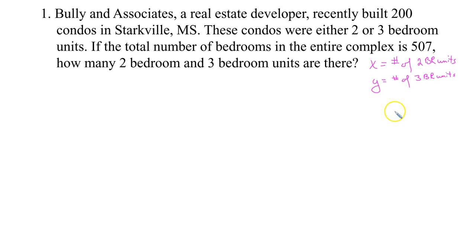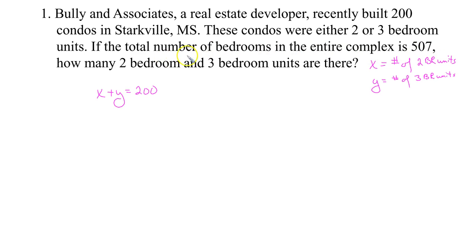Now we're going to use this information to write a couple of equations. We know that the total number of condominiums built in this complex is 200. So that means x plus y must be equal to 200. Now the second equation comes with the second large number we have here, which is 507.